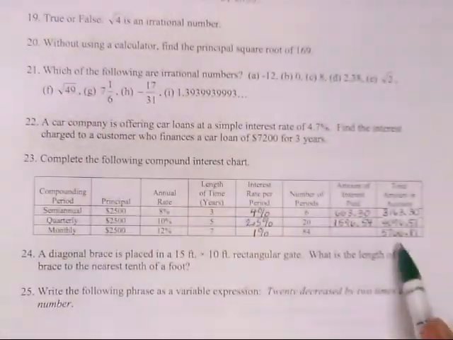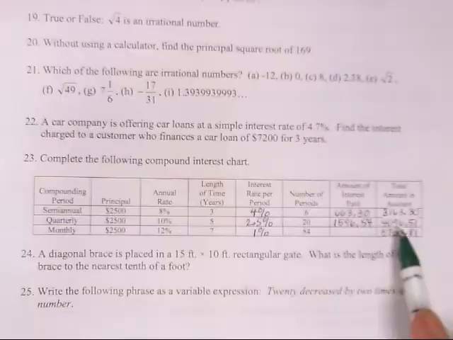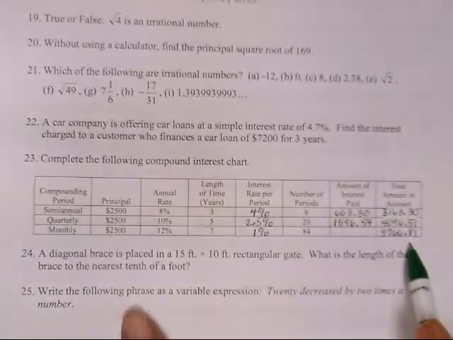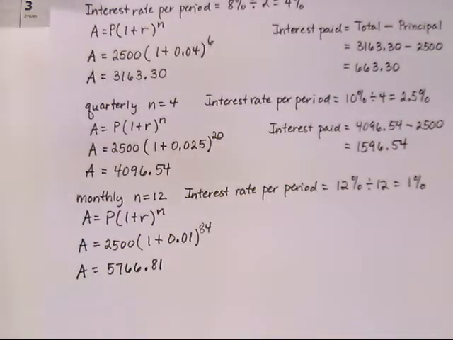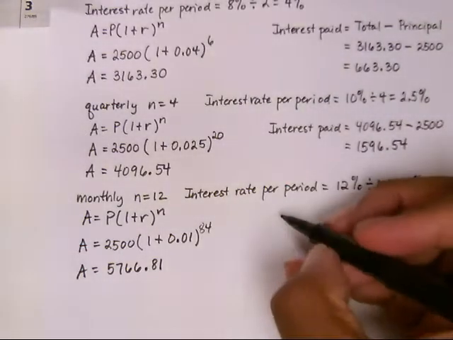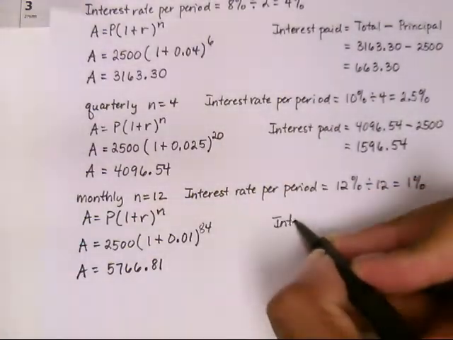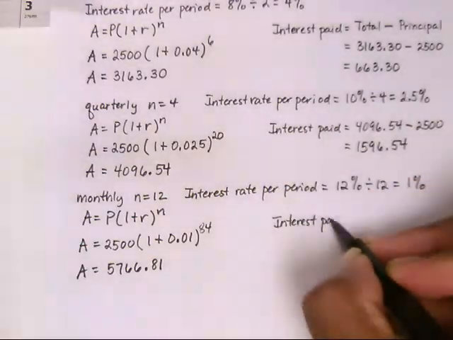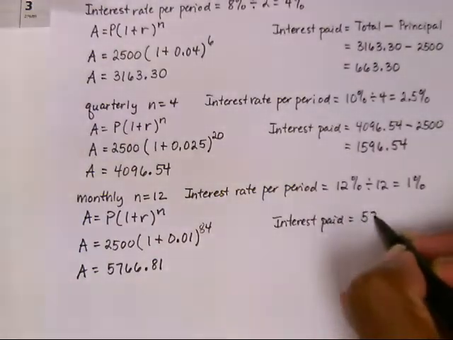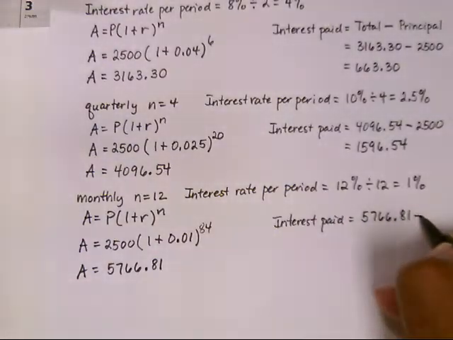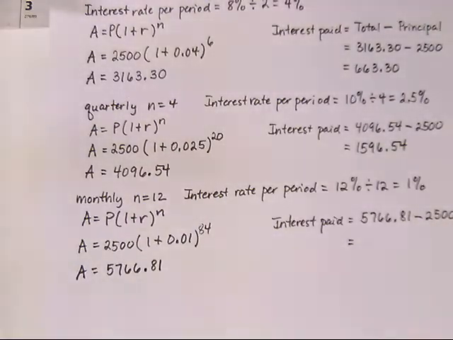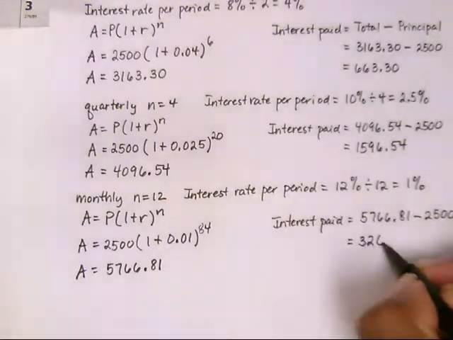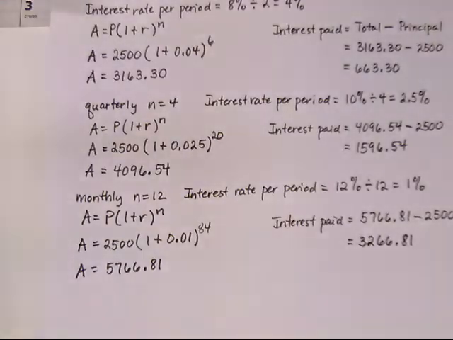Now for the interest paid, we subtract 5,766.81 minus the 2,500. So here, your interest paid, that's going to be 5,766.81 minus 2,500, and that will give you, let's see, $3,266.81.